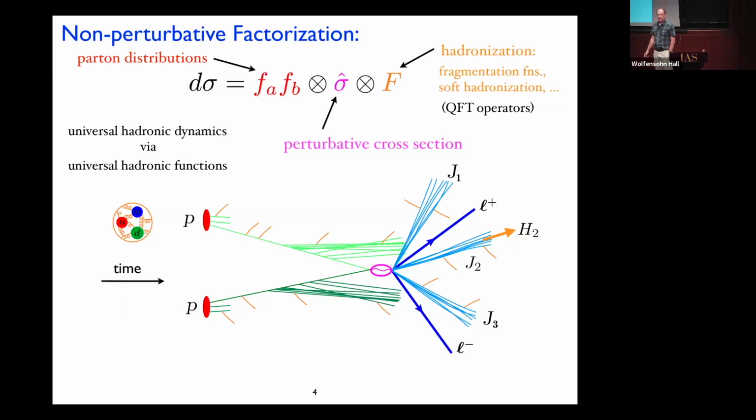Okay, so factorization. I want to distinguish two different types of factorization, both of which are important for collider physics. The first is perhaps the most important, separating non-perturbative physics from the perturbative physics. So if you think about a collision like this one, proton-proton, the partons in the proton, maybe they're gluons, collide in a high energy collision and produce some number of jets and perhaps some number of leptons.